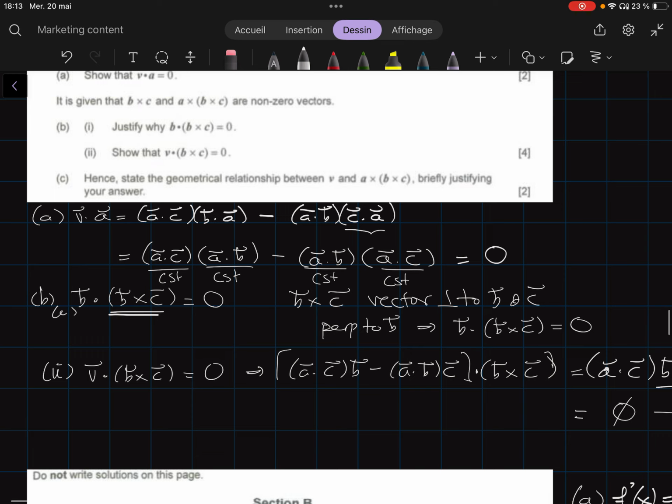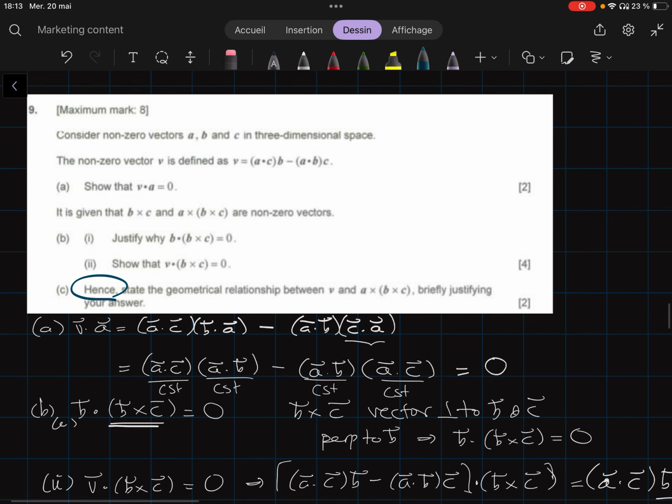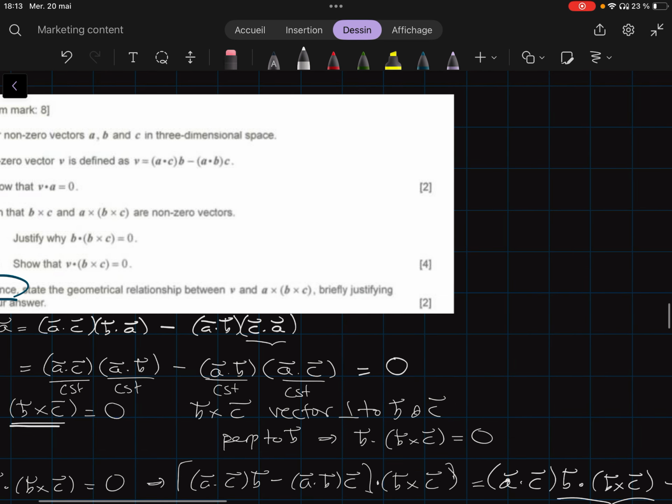Part C. Hence, state the geometrical relationship between V and A cross B cross C. Okay, what do we have so far? We have V dot A is equal to 0. So V is perpendicular to A, right? V dot B cross C is equal to 0.